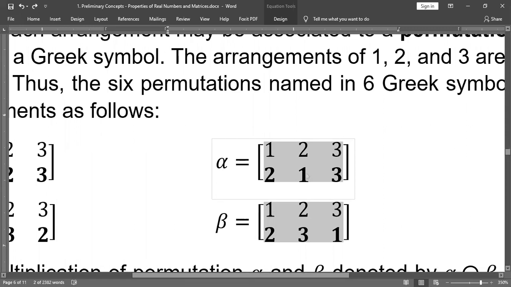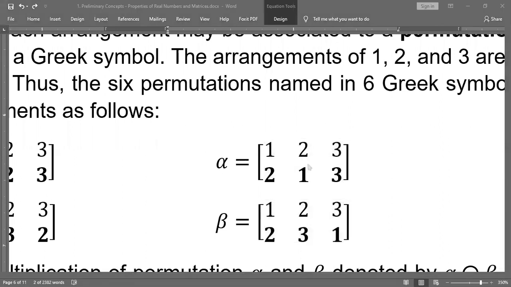Nakukuha? Okay siya. Kung drawing natin, sige. If we are to multiply this, multiplication niya. Ito yung product nila. We have the elements 1, 2, 3. Ayan.